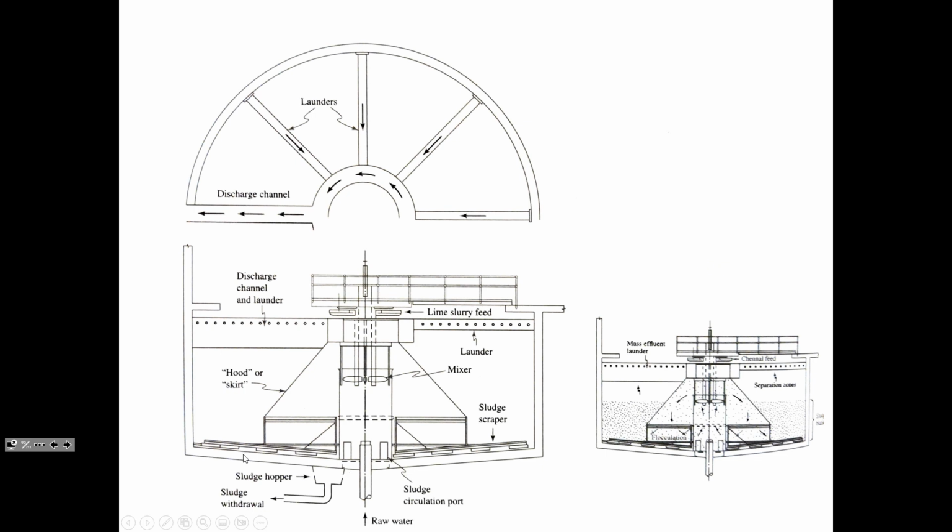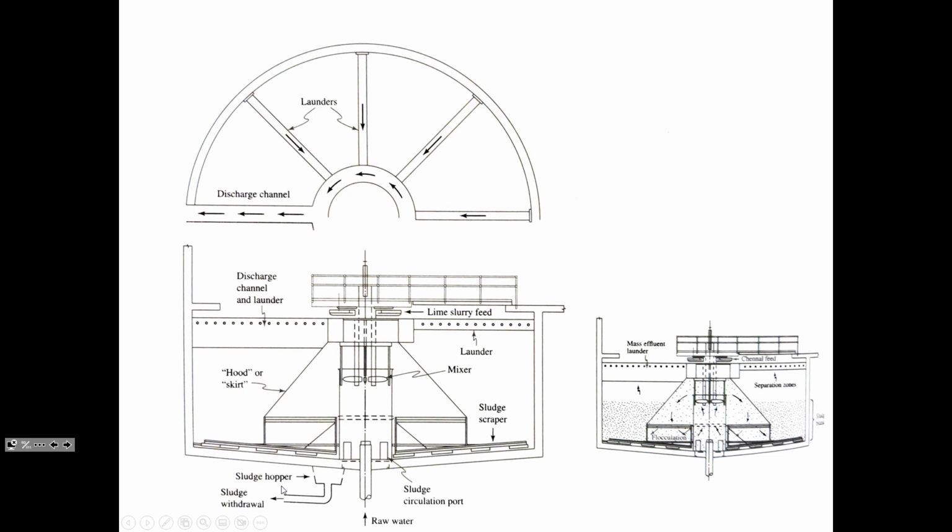And so there are solids upflow contact basins like this, where it's an integrated rapid mix and sludge settling basin, where you can see that the water would come in through the center here and would be mixed in this mixing zone with the chemical, the hydrated lime, and then the pH is changed in the center chamber, and then the water is going out under a skirt, and the water flows up at the same time that the sludge and precipitation stuff is settling down, and then is scraped off the bottom of the circular clarifier with kind of a squeegee system that shovels it all into a hopper, and the sludge is taken off and dewatered.